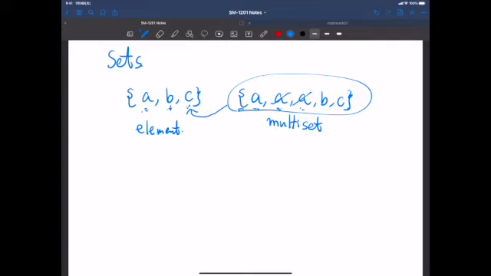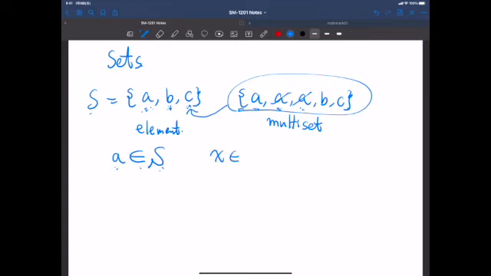Okay, and we may name each set by some symbol. For example, S is a set consisting of three elements A, B, and C, right? And if we have an element, we can write this as this. A belongs to S, or we say A is an element of S, right?